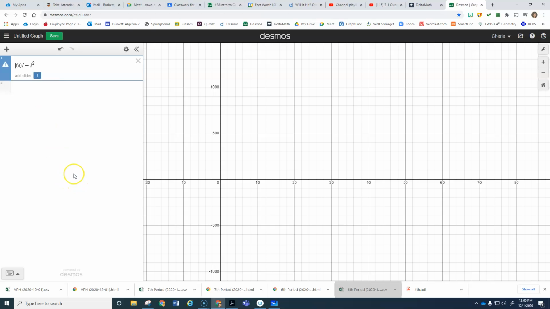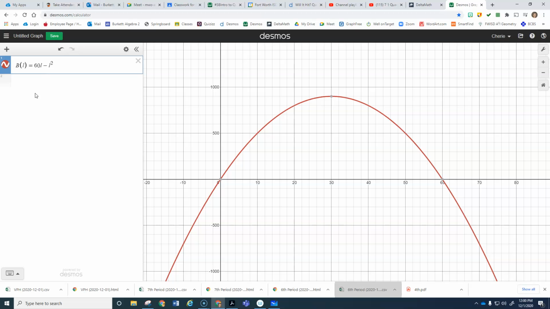See, that doesn't work. So if you're going to use a variable other than x, you have to have it defined with that function, B of L equals. If you want to just do x, then you could do 60x minus x squared. That would work. And of course, making it be y equals doesn't change anything. So that's how that works.